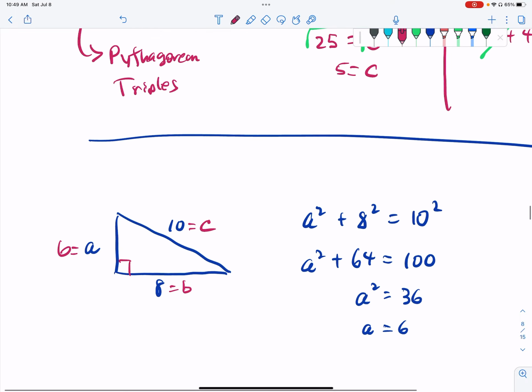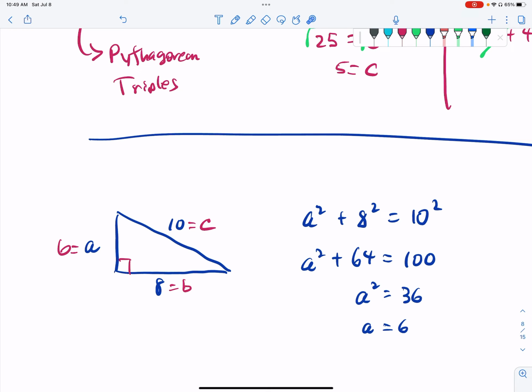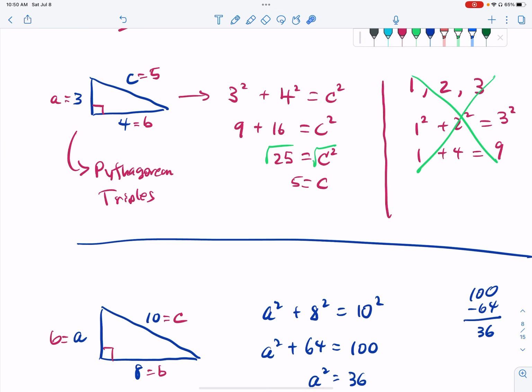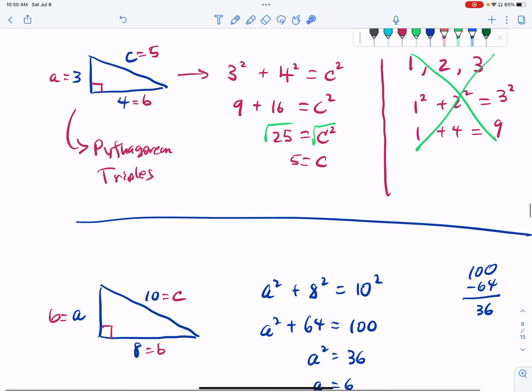And you can see that we found ourselves another Pythagorean triple, a 6, 8, 10. But really, 6, 8, 10 is the same thing as the 3, 4, 5. It's just been dilated or scaled up by a scale factor of 2. If you take all of these sides, 3 times 2, 4 times 2, and 5 times 2, you get this one that I just made right here.